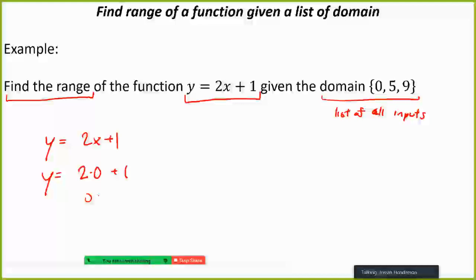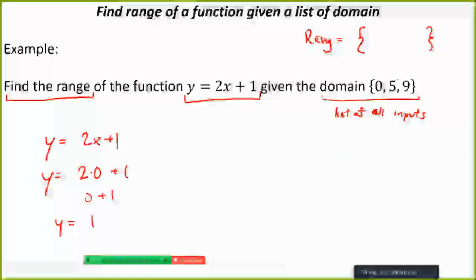So 0 times 2 is 0. 0 plus 1 is 1. So y equals 1. So when I plug in 0, my output is 1. So let me make my answer at the top here. Range equals, I'm going to make a list to go along with how it was given to us. It was given to us as a list, and we found 1. So we start over now.